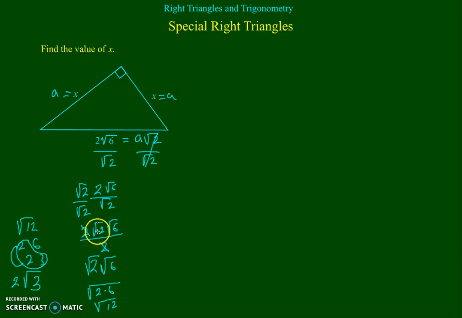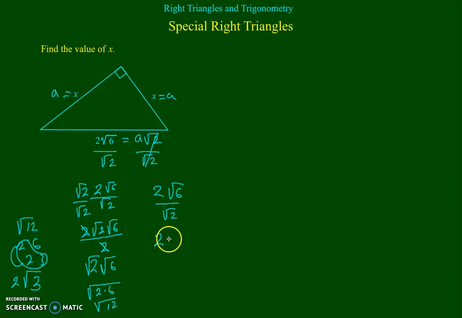Now that was how we did it if we rationalized the denominator. But if you notice over here, we can just combine the radicals without rationalization. Rewriting this, it's 2 square roots of 6 over the square root of 2. Just as the product of radicals equals the radical of products, you can say over here that the quotient of radicals is the radical of the quotients.